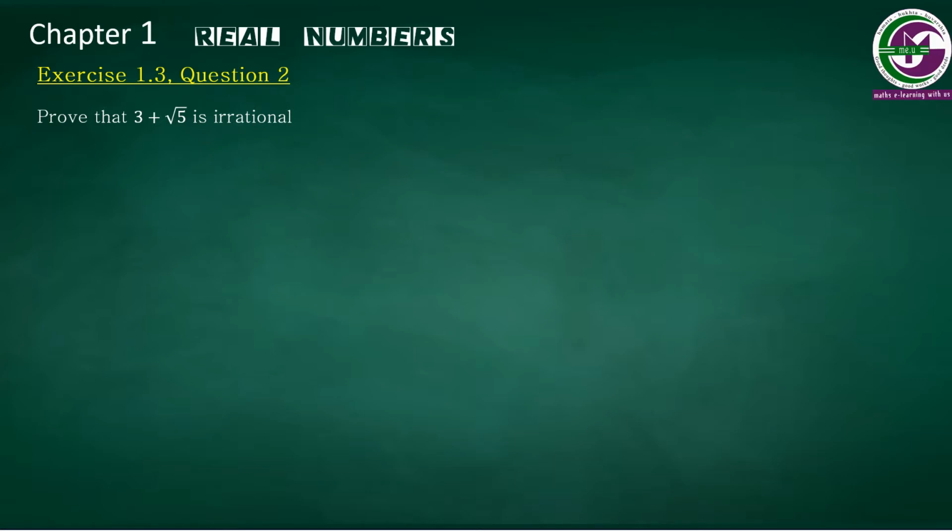Here also we are using the contrary method. Assume 3 plus root 5 is a rational number. If 3 plus root 5 is rational, we can express it in p by q form or a by b form.